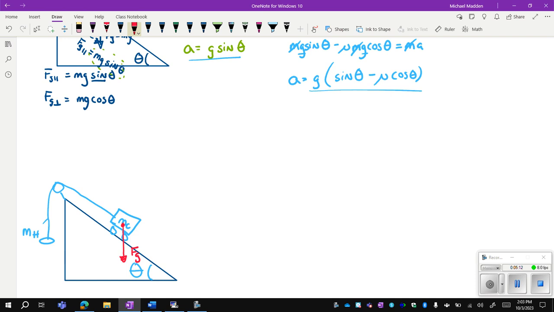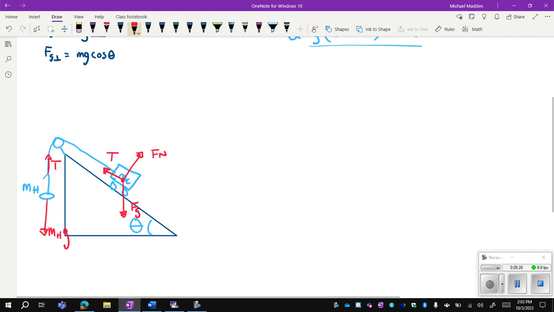So I have F of G, I have a normal force, I have tension, and I have mh times g. Okay, so what I need to do is imagine that this is all in one direction, but the only difference is we're going to call around the pulley my positive direction.